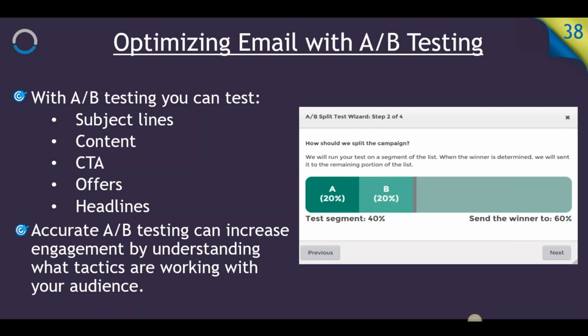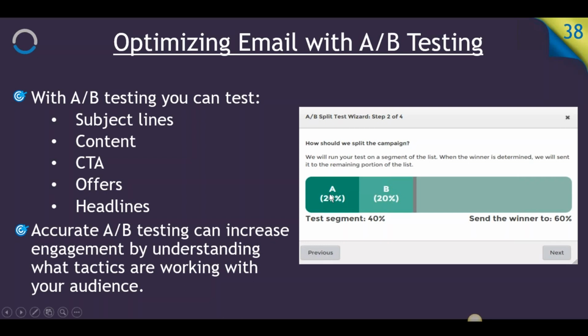You can also test senders, so sending it from yourself versus the team at your company, sending it from your first name at the company. And you can also test engagement, meaning how much people are reading the email. Are they reading it? Are they deleting it right away? Are they spending a lot of time going through the whole thing? And of course, on conversion, so if somebody made a purchase or not, or took action.